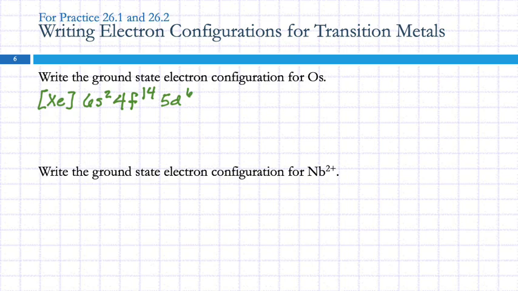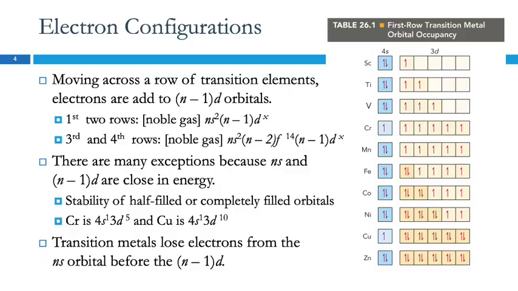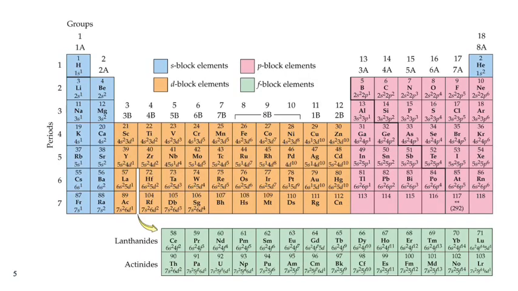So write the ground state electron configuration for Nb2+. Nb is in row 5, number 41, right here. So we're going to have krypton. And then instead of trying to write the ion, we're going to write the element first and then remove electrons to make the ion.